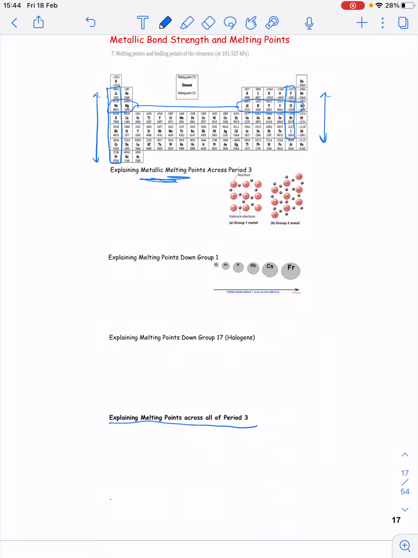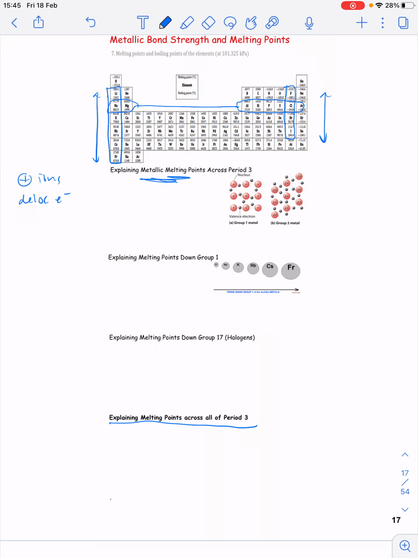To think about metal melting points, you have to think about the strength of the metallic bonds. A metallic bond is the attraction between positive ions and delocalized electrons. So if you can increase the charge on that positive ion, then you will increase the attraction between the ions and the delocalized electrons.